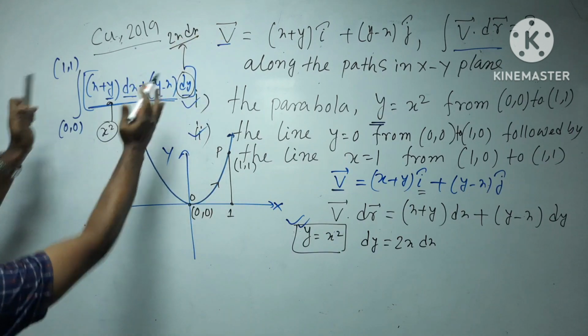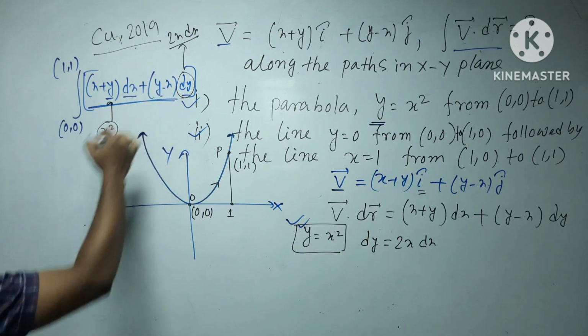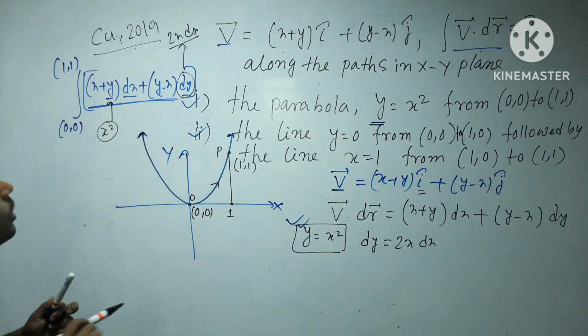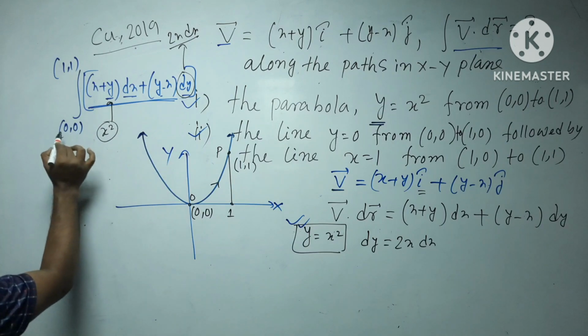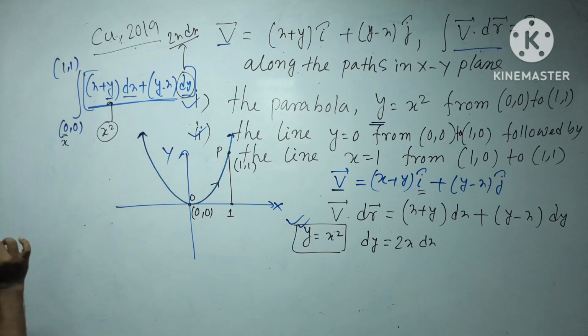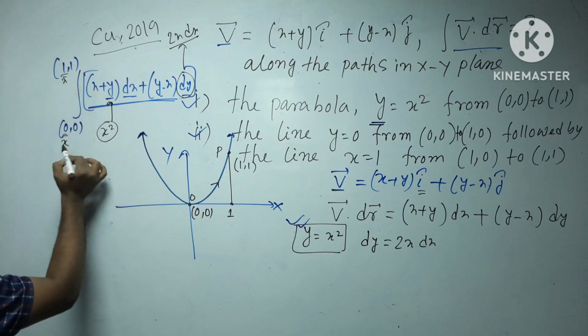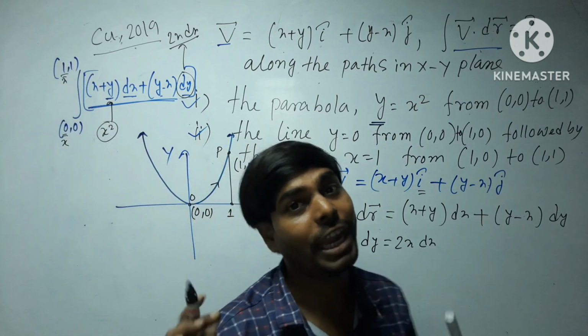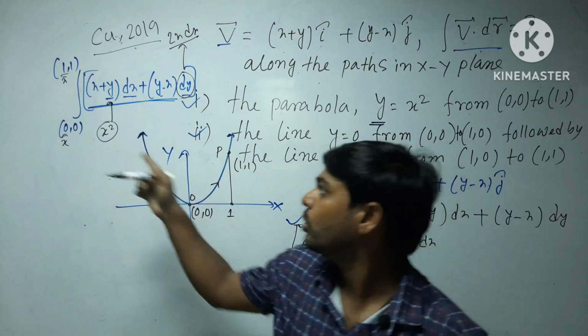So the total integrand becomes in terms of x only. Then use the limit of x only. তারপরে কোন লিমিটটা ইউজ করতে হবে? x এর লিমিটটা. Here both limits are the same, কিন্তু in some problems these limits may be different for x and y. Okay, so just use that one.